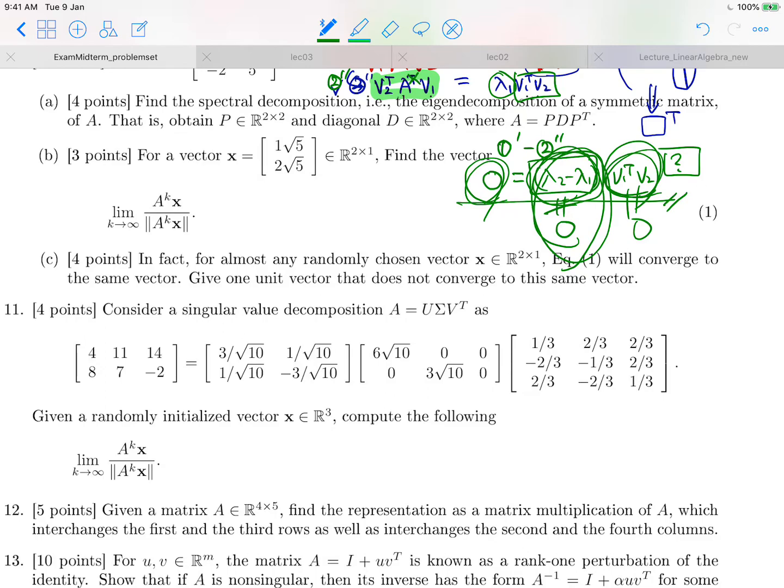But is there any case that will give us different results? Did anyone answer question C, or problem C?